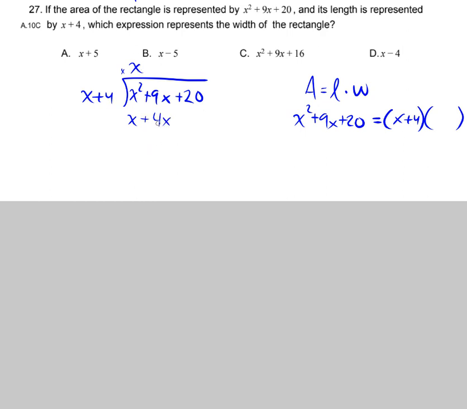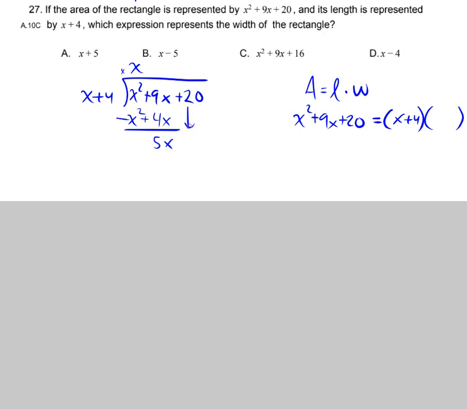So x times 4 is 4x, right? Then I'm sorry, x times x is x squared, thank you. x times x is x squared, x times 4 is 4x, right? Then I'm going to subtract those, and I should get, these cancel out, but 9x minus 4x is going to be 5x, right?